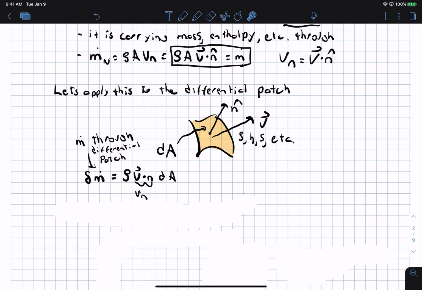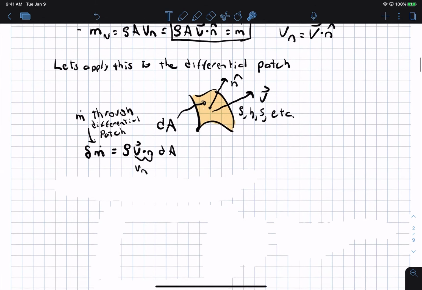Of course, we are making this patch infinitesimally small, so we can assume that v dot n hat and rho are all constant on this small patch. So we can directly apply our earlier result to find this m dot going through the small differential patch. Now we know how to deal with a small differential patch.